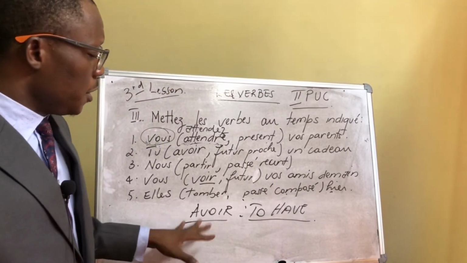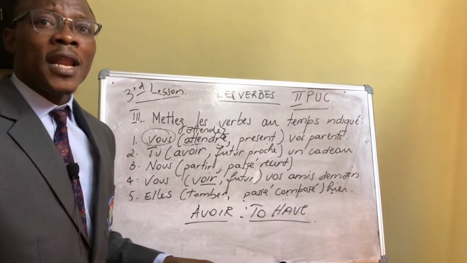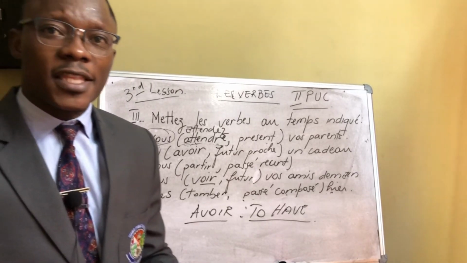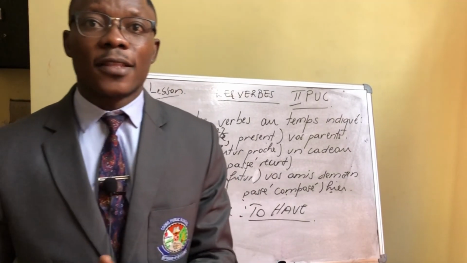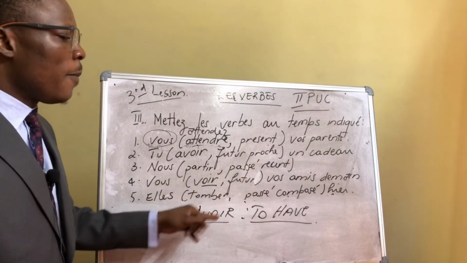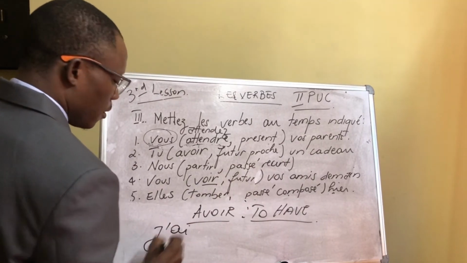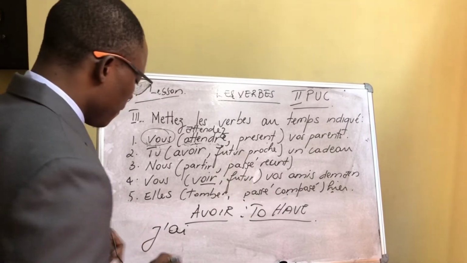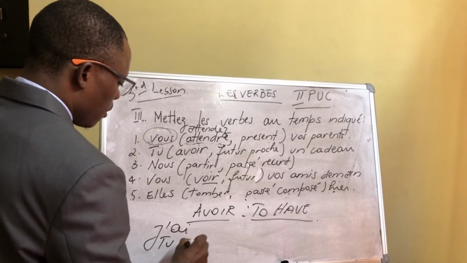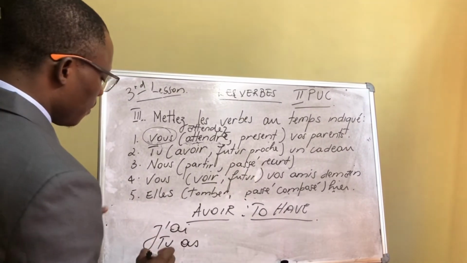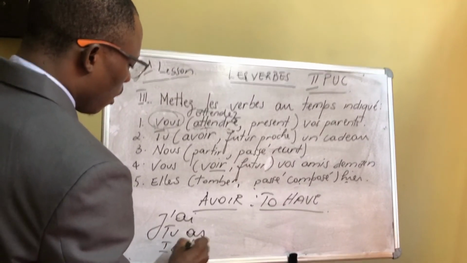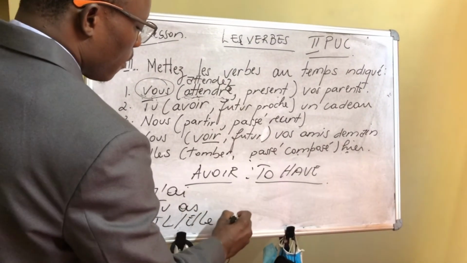Now, in this one, there is no proper rule of, okay, it's ending with this, then it must be like that. No. If they say avoir present tense, it will be j'ai, which means I have. Tu as, you have. Il a or elle a.